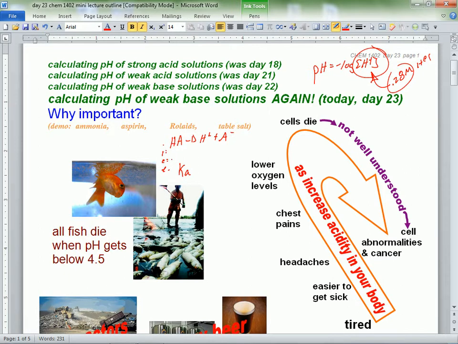And then we moved on to weak bases. How did we get the pH of a weak base, Danielle? Oh, we have a weak base, though. We didn't write a Ka reaction. We wrote a Kb. Yeah, do you remember how that went?